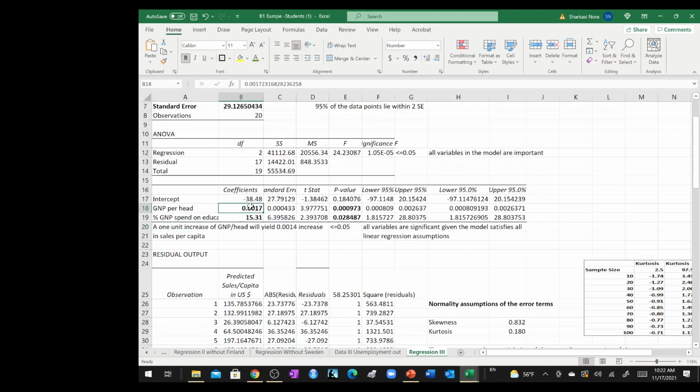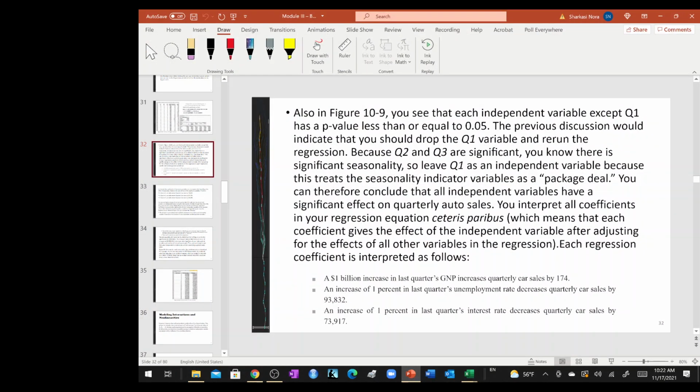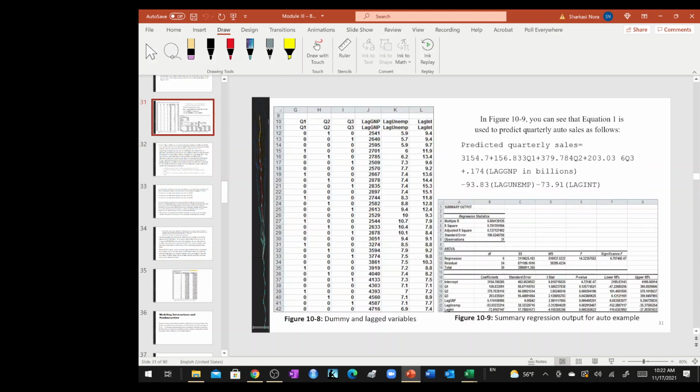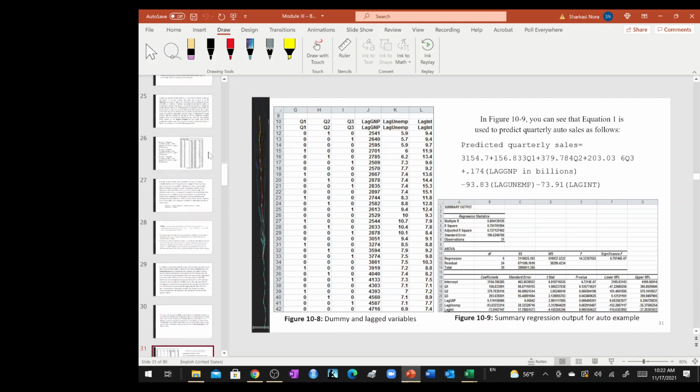We got 174, I hope. 1723. They got 174. Maybe a little bit of discrepancy here and there. But over here, they have different quarters. This is for quarterly sales.